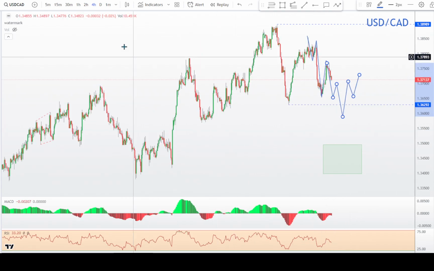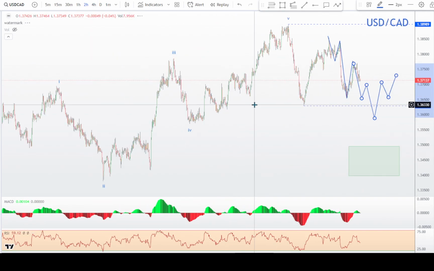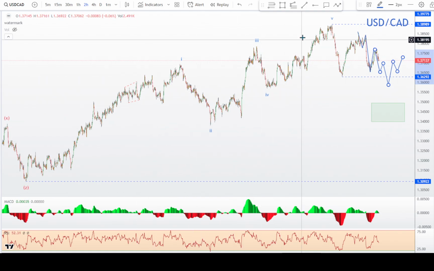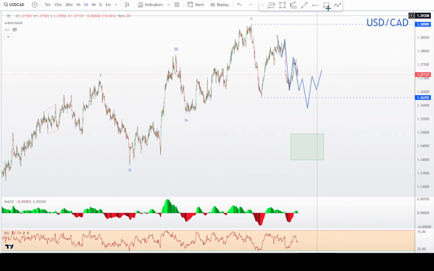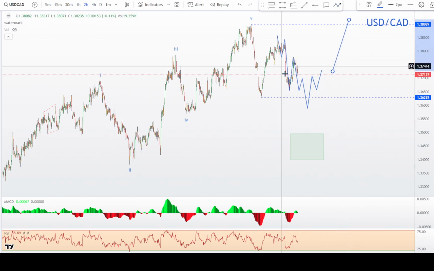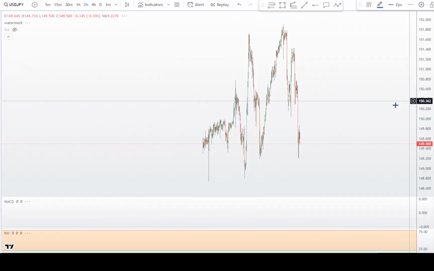Because I still see this as a 5-wave move up in a leading diagonal. So this is all correction, and you definitely have one more up. We just got to figure out when this correction ends. But I would only be looking for buy setups underneath 136.29.